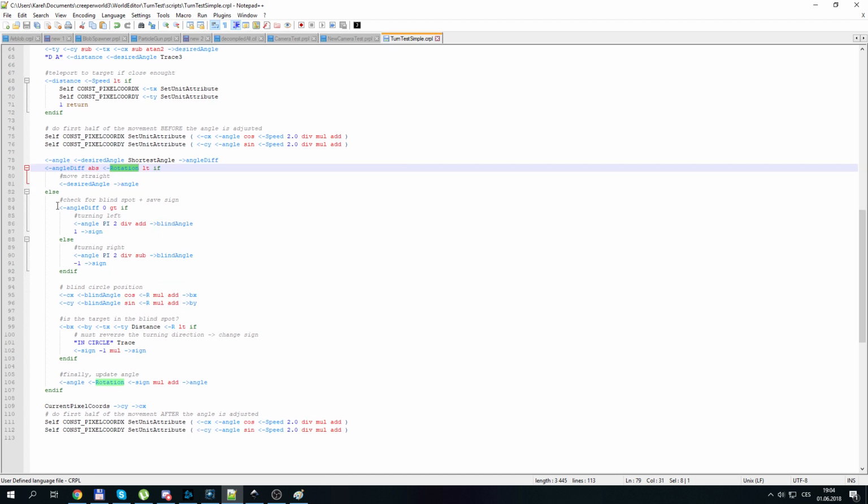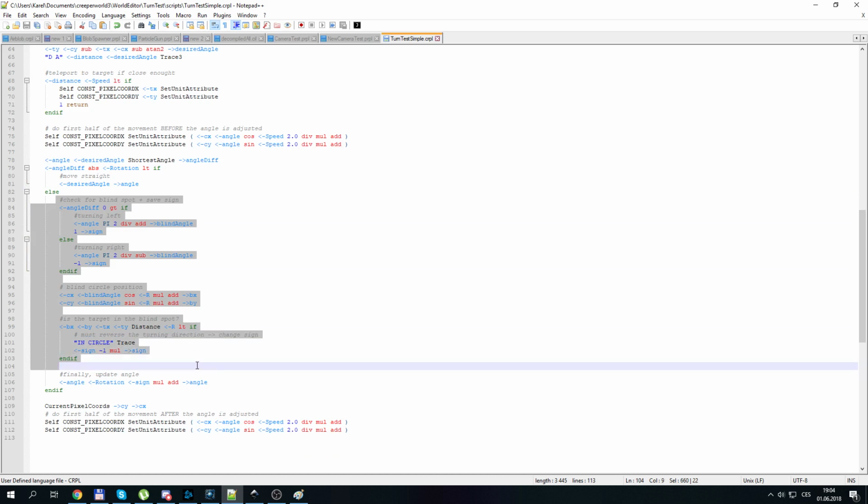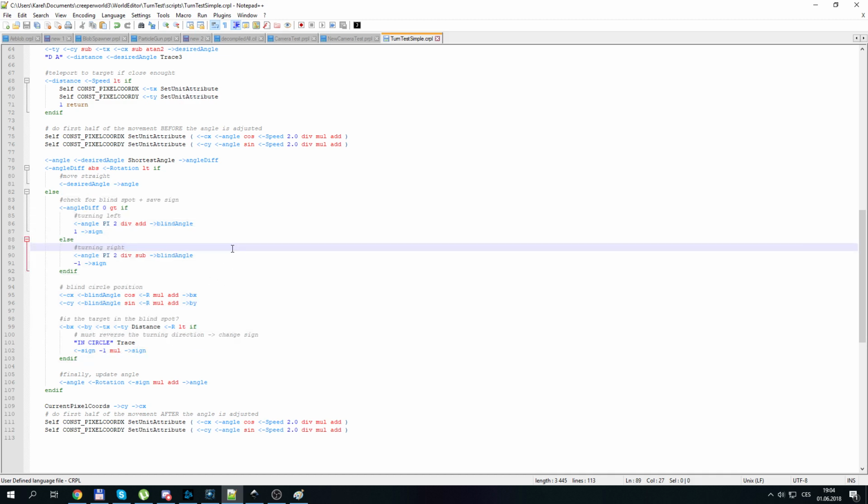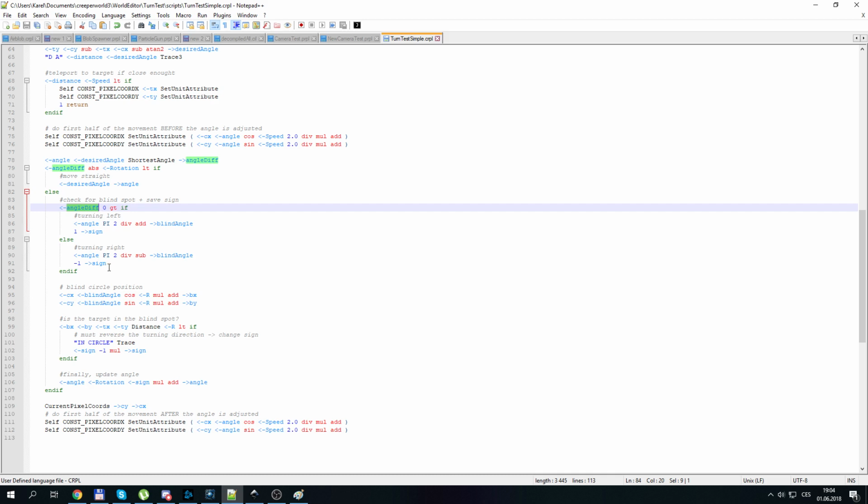But if it's not, then I need to check if the destination is in the red circle. So this is what this does. First I need to know if I need to check the left or right circle. This is done by whether this angle is positive or negative. And then I compute the center of the circle.